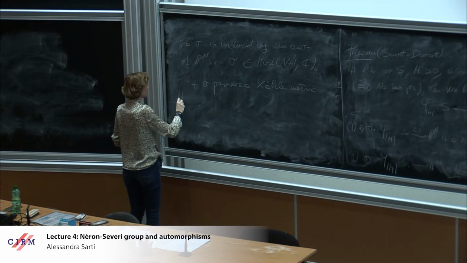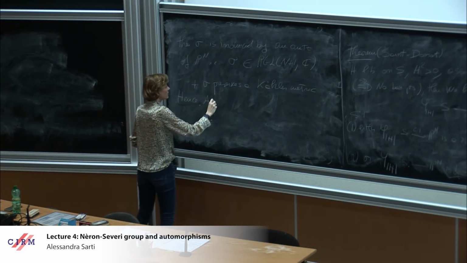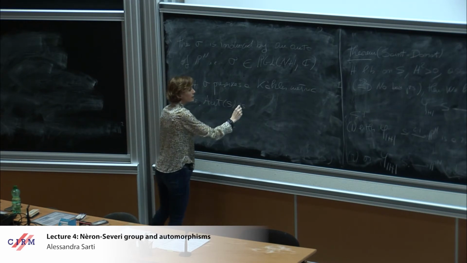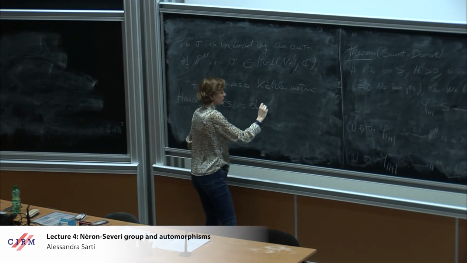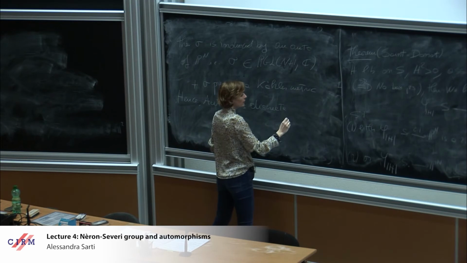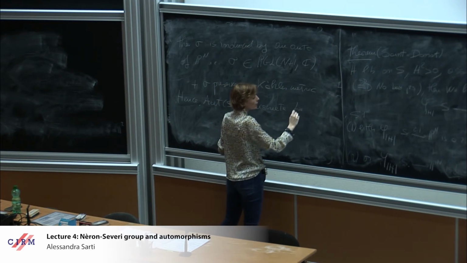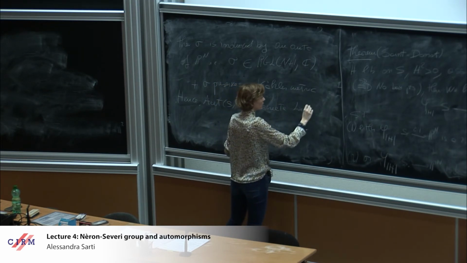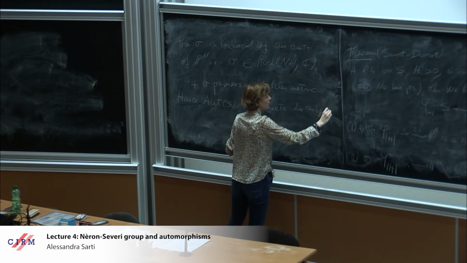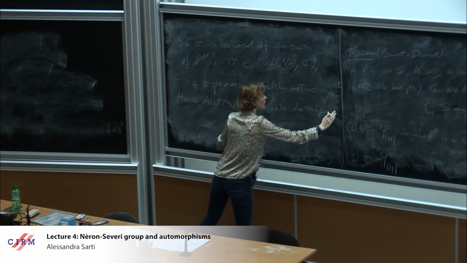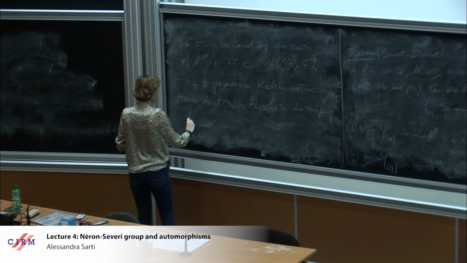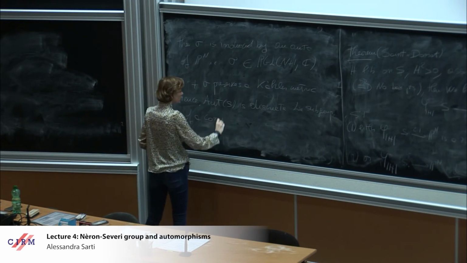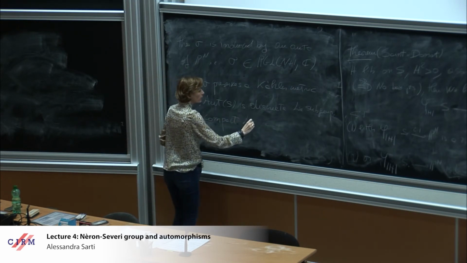Hence, Aut S is a discrete, let's say Lie subgroup, because I'm talking about an algebraic group, of a compact Lie group.